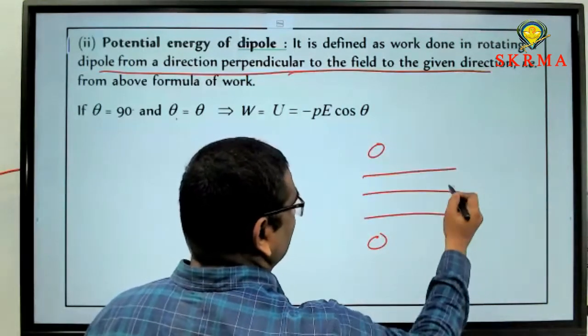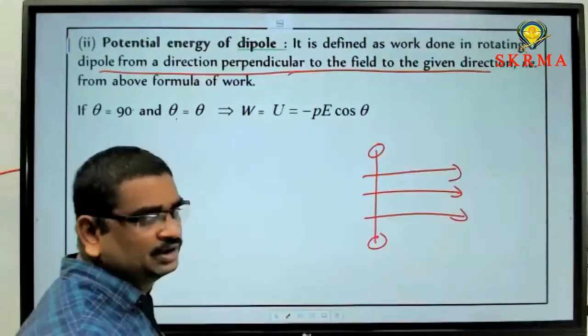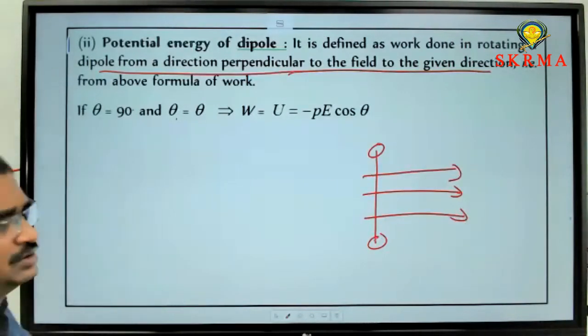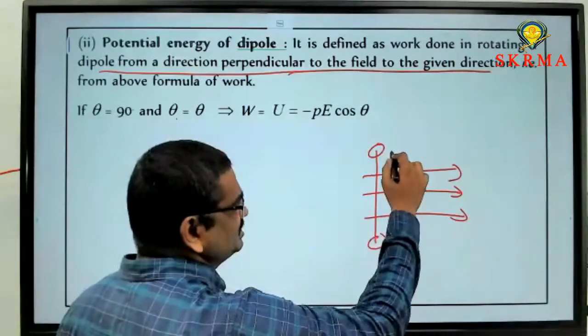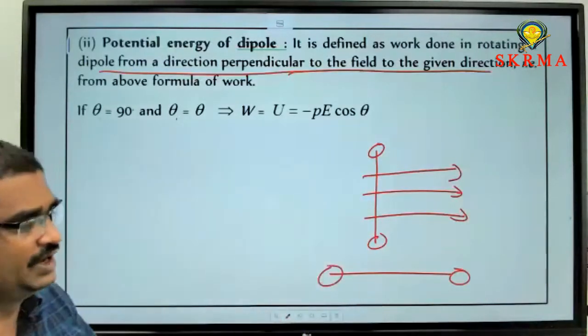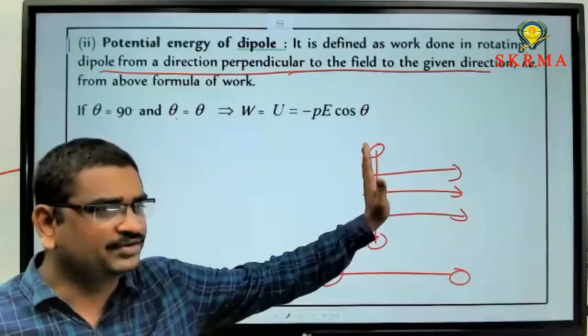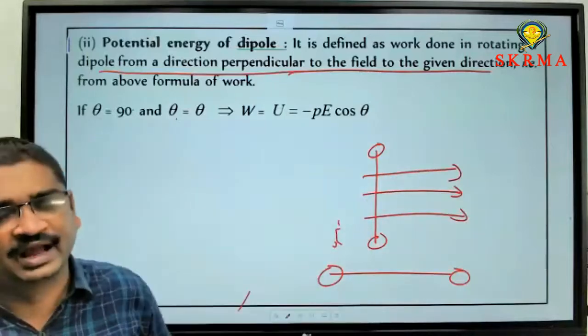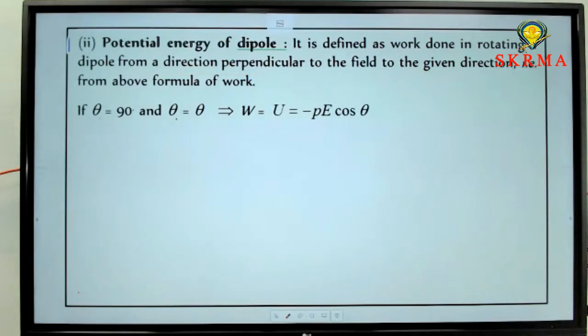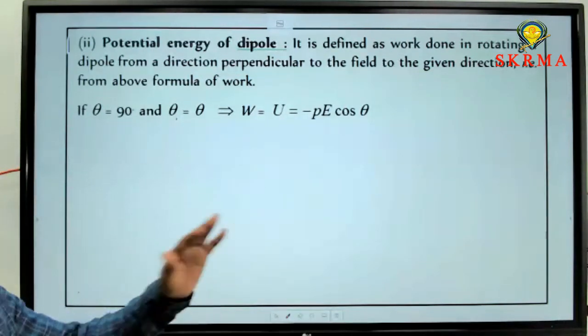So this is the electric field. This one is the dipole. The dipole is placed perpendicular to the electric field. Now we are rotating this one from this position to this position, parallel to the field. So we are rotating from the perpendicular position to the parallel position.